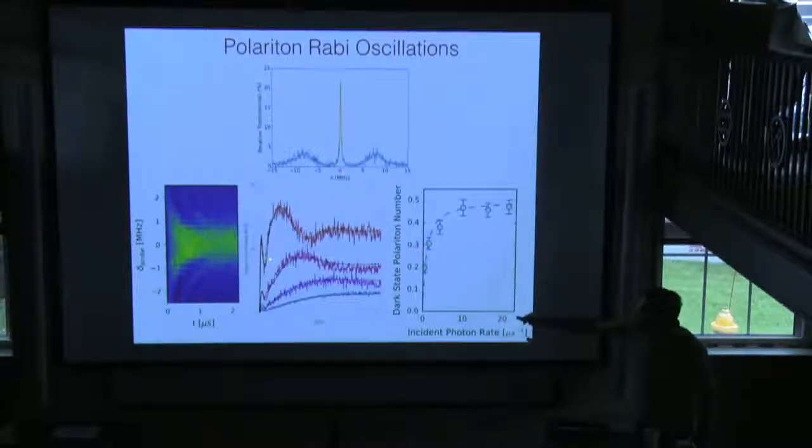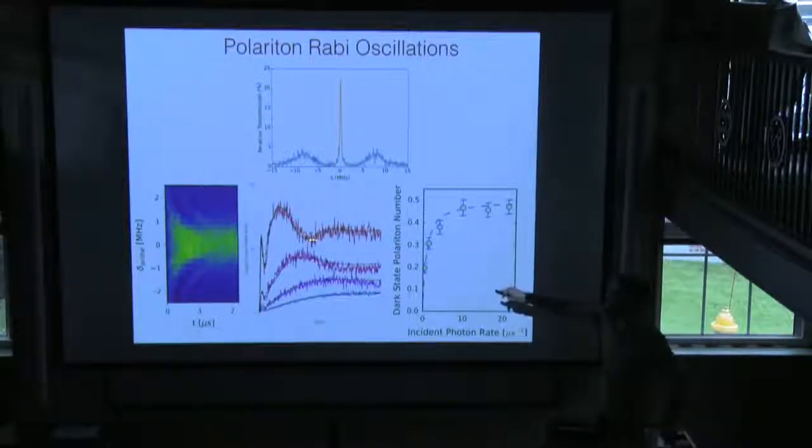So then you ask, what is this really fast thing at the beginning? Well, if you want to see these oscillations, you have to drive this thing hard compared to its width. Otherwise, the oscillations get damped out. But when you start to drive this central feature harder and harder, remember, its height is in some sense fixed. This can only absorb one photon. How many photons can these bright polaritons absorb?